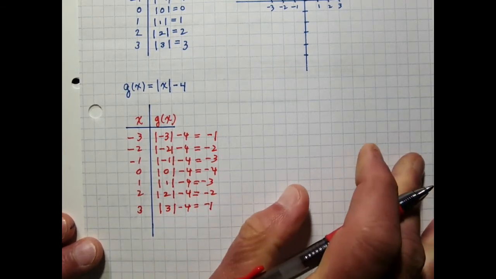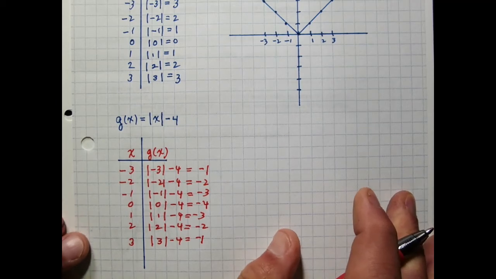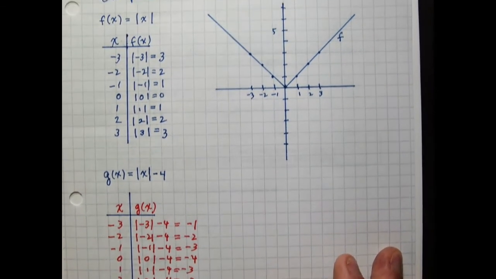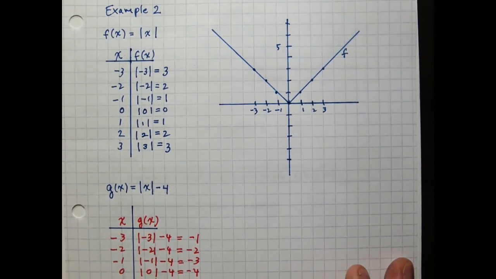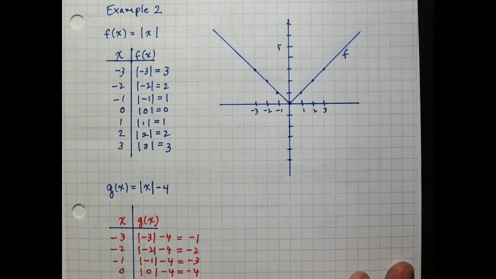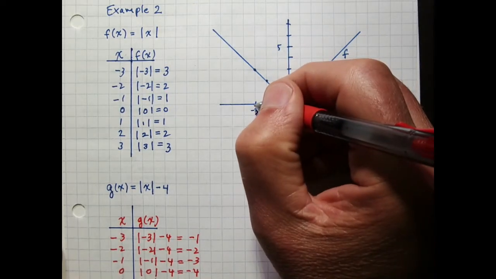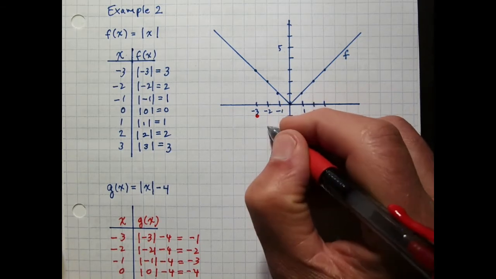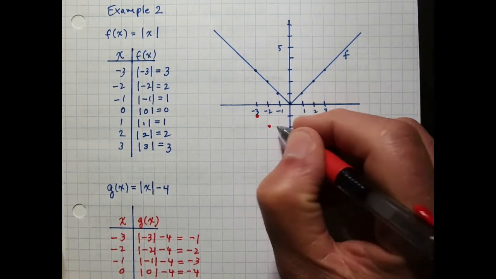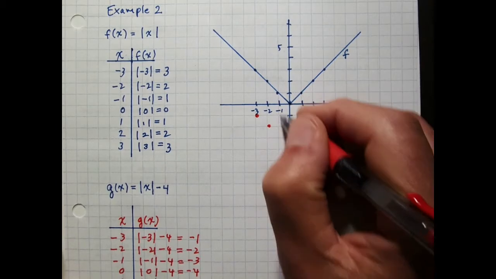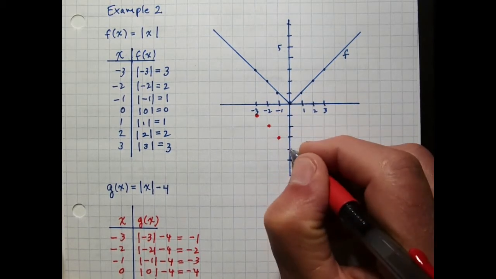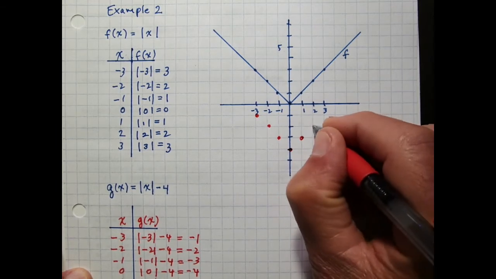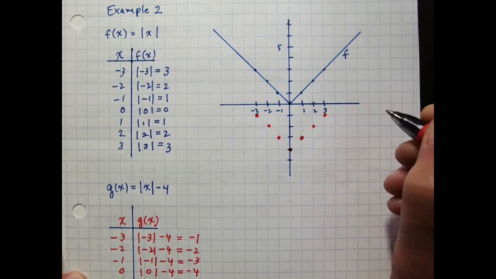Seems like we're getting a lot of examples here of y-axis symmetry, by the way, something we talked about at the very beginning of the course. So far, I think all 4 functions have y-axis symmetry. So I'll plot the points for g. -3, -1 is here. -2, -2, -1, -3, 0, -4, 1, -3, 2, -2, 3, -1.